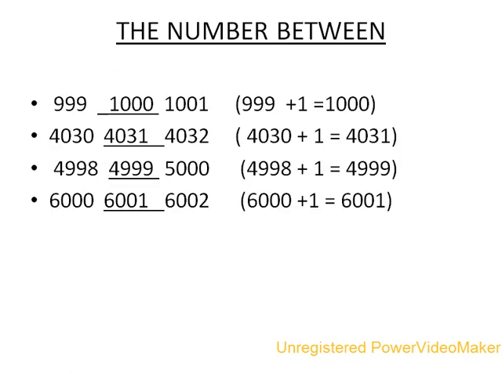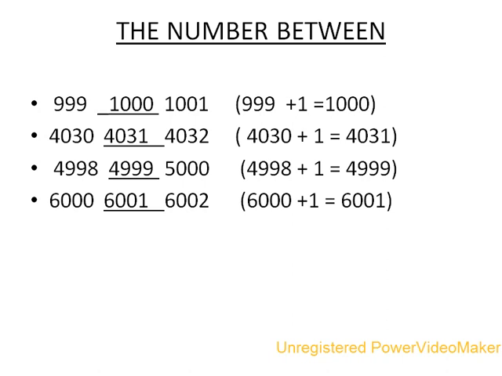Now we will do the number between. See children, the easiest way to find the number between is just to find the successor of the first number. So you will easily get the number between the two numbers, like 999. You just add 1, you will get the successor of it, that is 1000. And 1000 is the number between 999 and 1001.